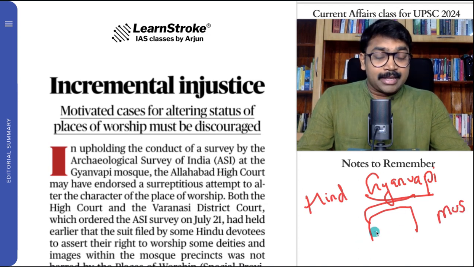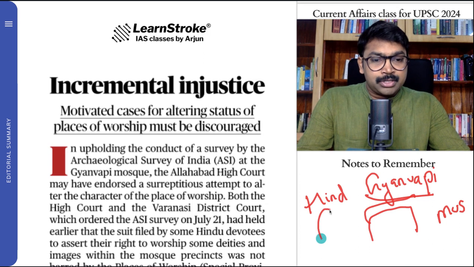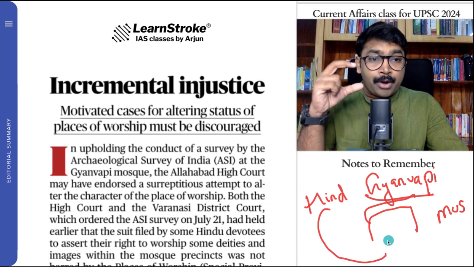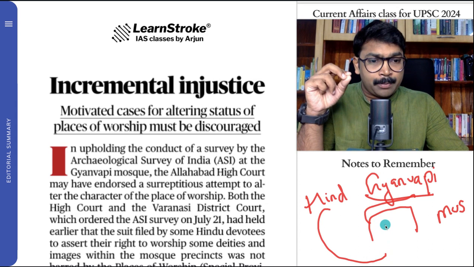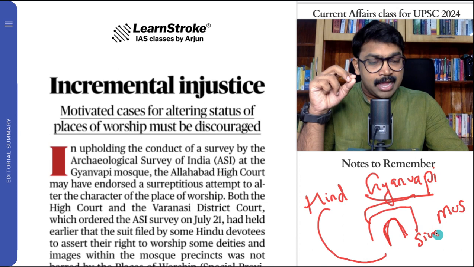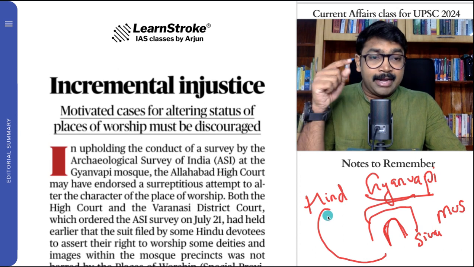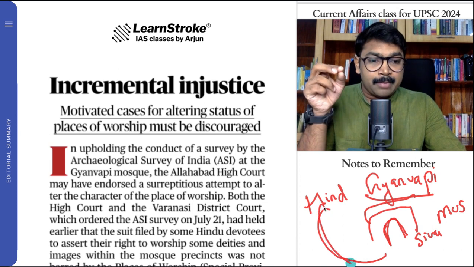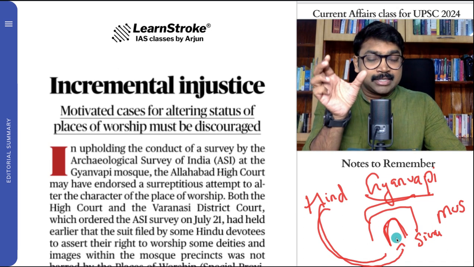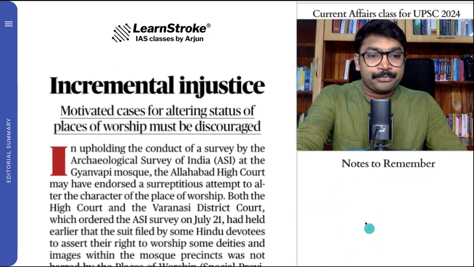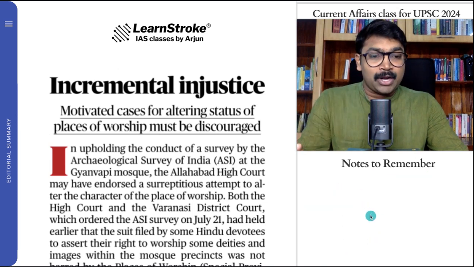So recently in the Gyan Vyapi mosque, the Hindus say near the pond, in the walls of the mosque, there is a Shivalinga. This is very important. They say there is a Shivalinga in this, and Hindus have given a petition that every day Hindus should be given permission to pray in the mosque at the wall, which is supposed to be a Shivalinga. So this is basic. The basic case is all about this.